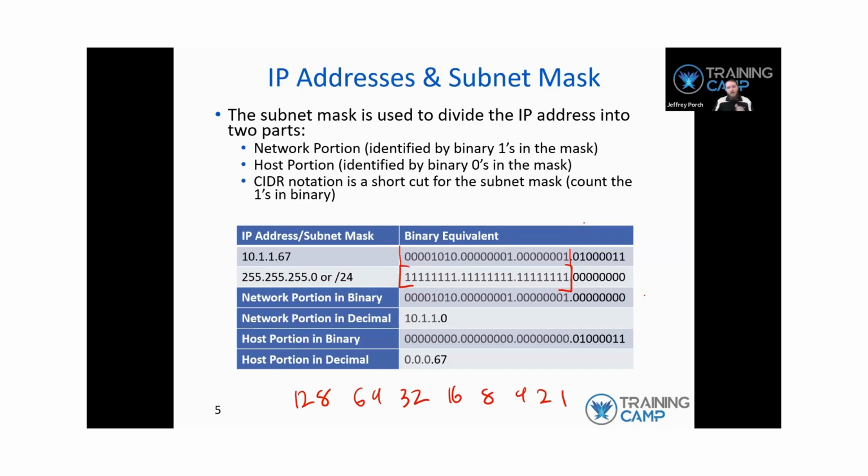If I've got 3 octets of 255, that means I've got three octets of network portion. So my network portion here is 10.1.1. I'm on the 10.1.1 network, or for my previous example, I live on Elm Street.